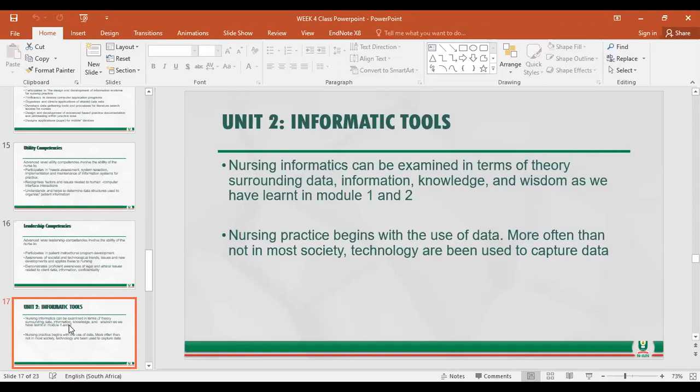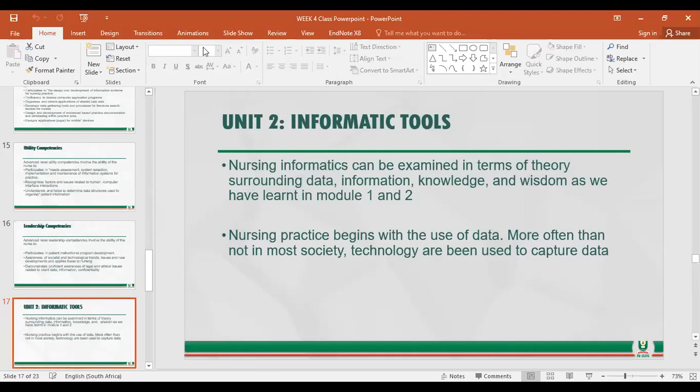And I remember under module 2, we unpacked how data is translated to information, and how information is translated into data.